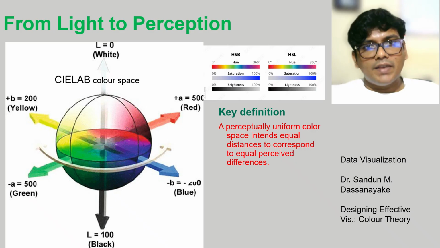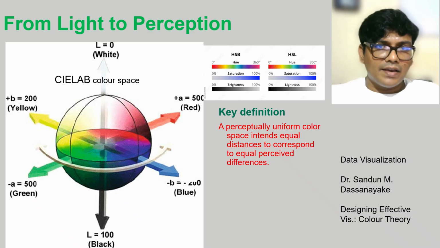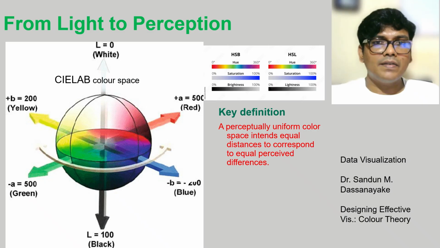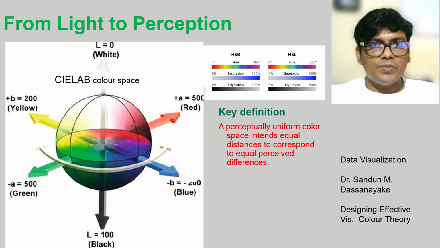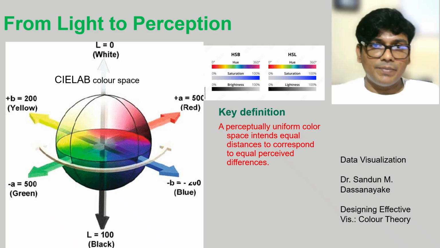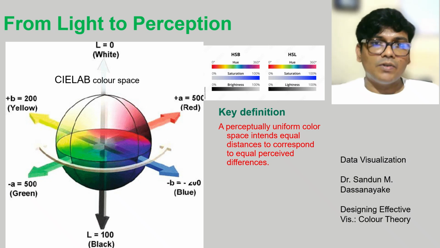What I am trying to say here is that there is a difference between the device and the way that you or any viewer as a human perceives the color. So whatever is being observed, the dials and the numbers, they are not perceptually uniform.